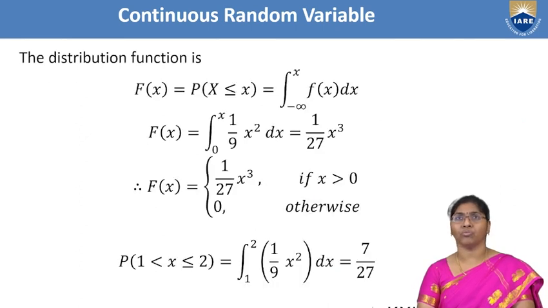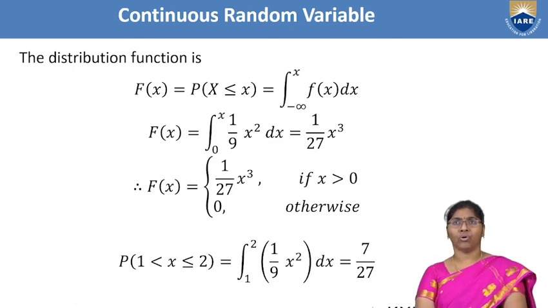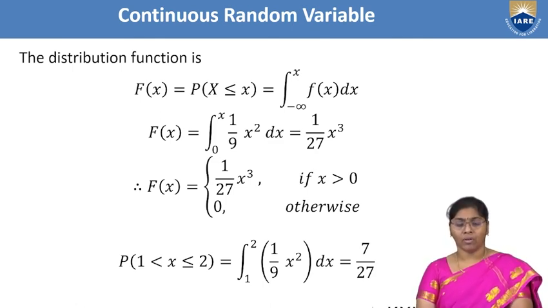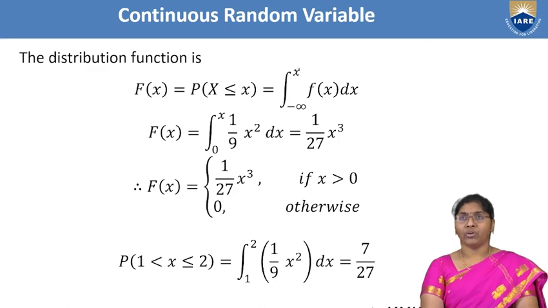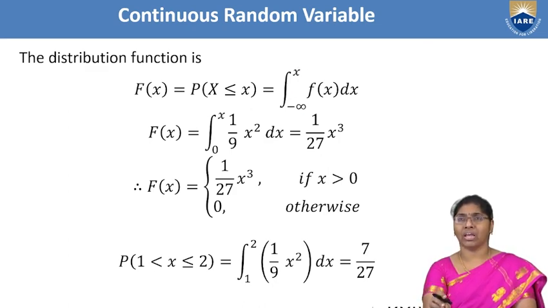Next step is cumulative. Cumulative frequency, we already know the earlier property, that is integral minus infinity to x. We are substituting some in-between sub parts of x. Integral minus infinity to x f of x dx. F of x equal to integral 0 to x of 1 by 9 into x square dx. What is the function?